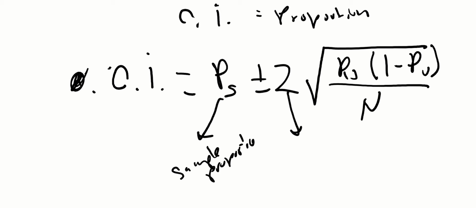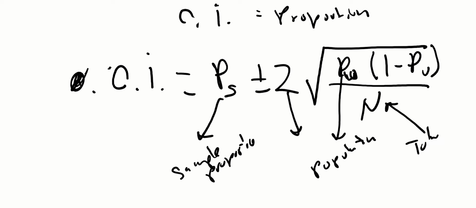This remains our alpha Z, which you can get from appendix table number 5 in the back of your book. And this PU here, and that's a U, is the population proportion. And N is just our total, right?